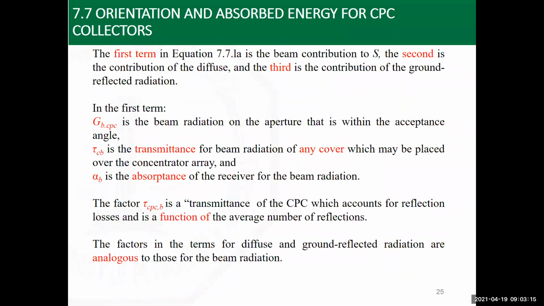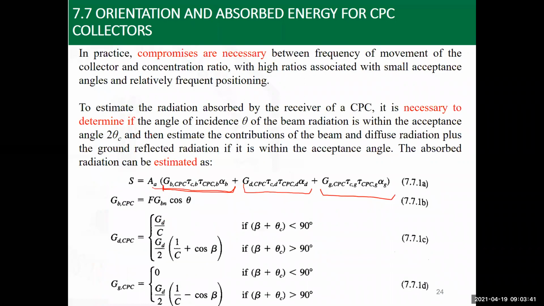So the first term is talking about the beam radiation contribution to S. The second term is the diffuse, and the third term is the ground reflected radiation. In the first term, GB of the CPC is the beam radiation on the aperture which is within the acceptance angle. This component is going to be estimated by the expression that you can see here.